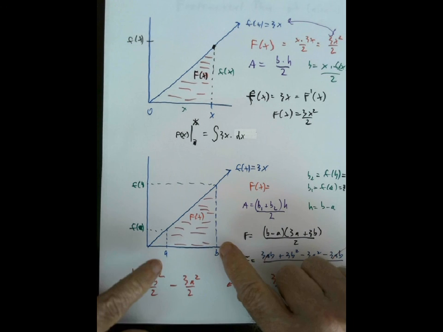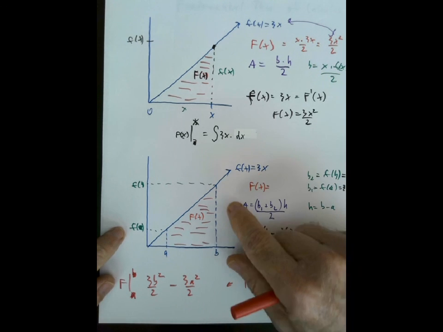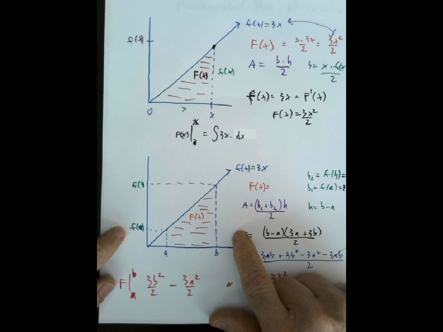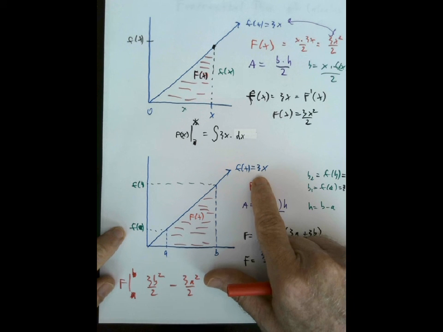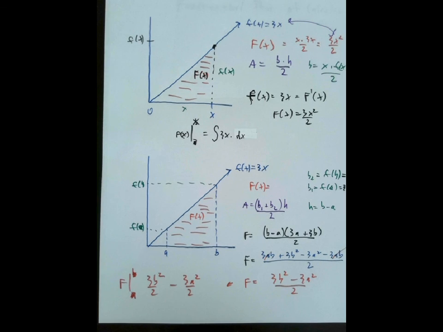If I want to know the area here, I take the antiderivative of 3x, which is 3x squared over 2, and I evaluate it at b. I take the antiderivative at a, and I simply subtract the two. And that gives us the total area under the curve.